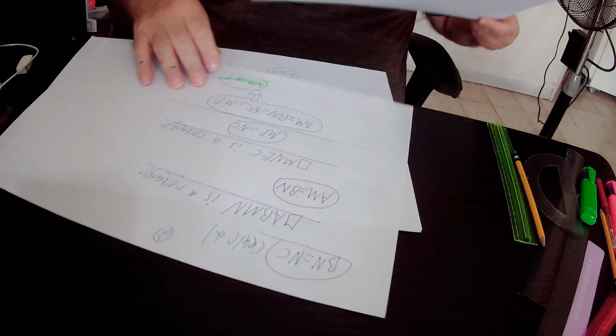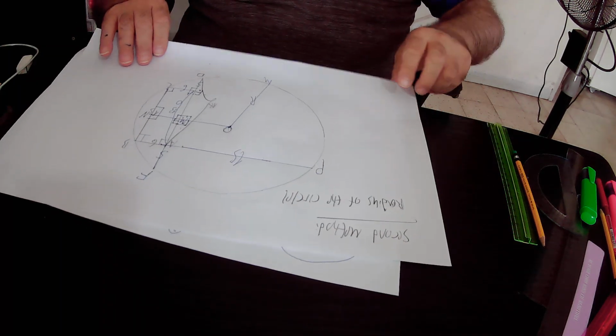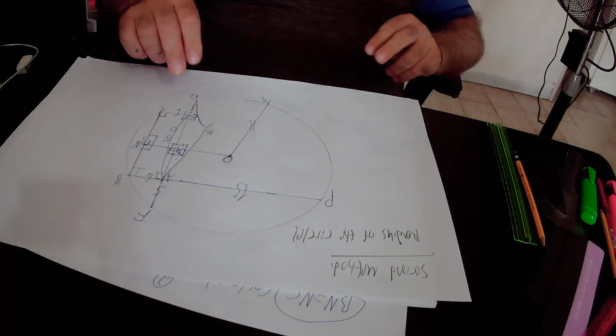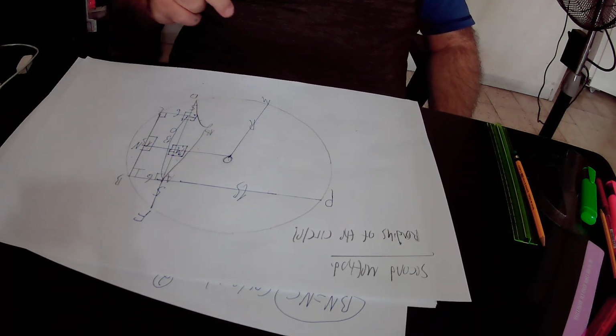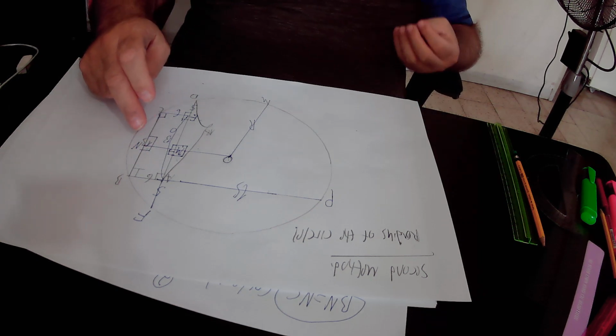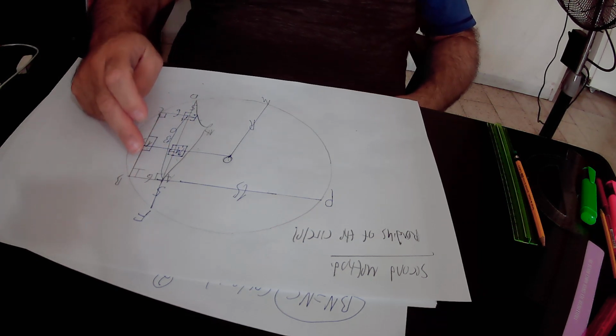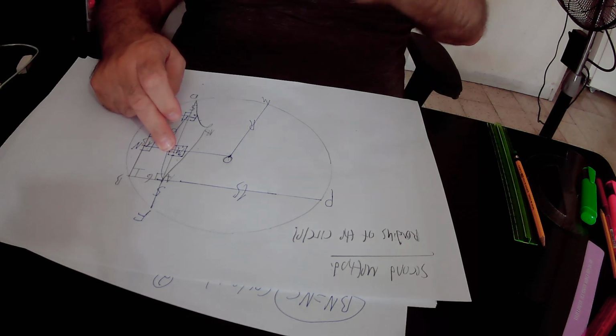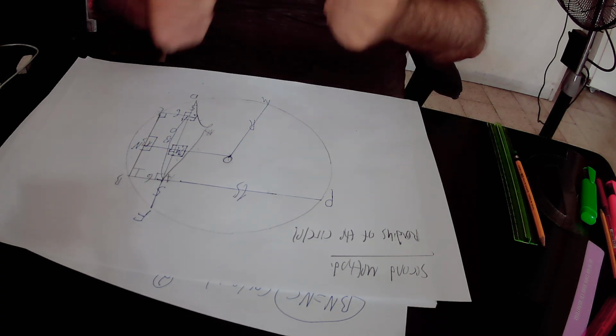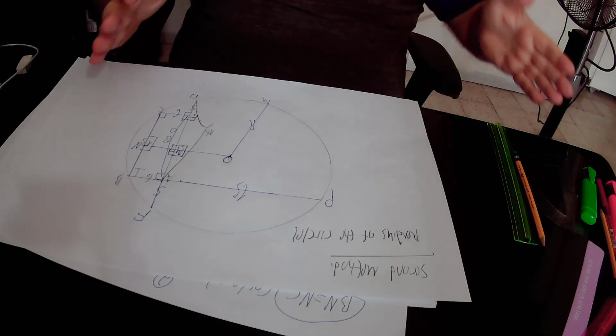Then we focused on the upper quadrilateral ABMN. In quadrilateral ABMN, we have 1, 2, 3 right angles. Therefore, the fourth angle must also equal 90 degrees. And therefore, in quadrilateral ABMN, we have 4 right angles.